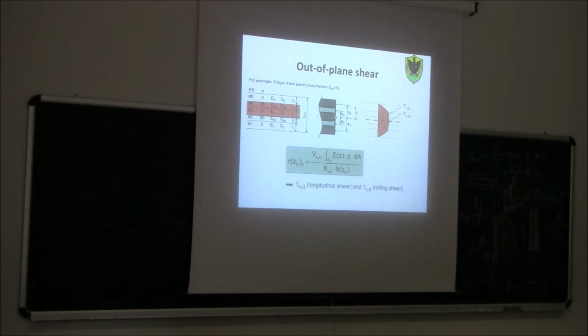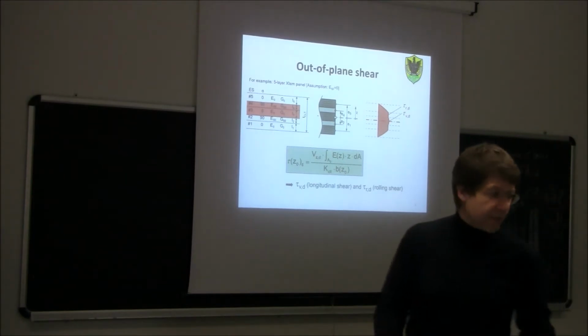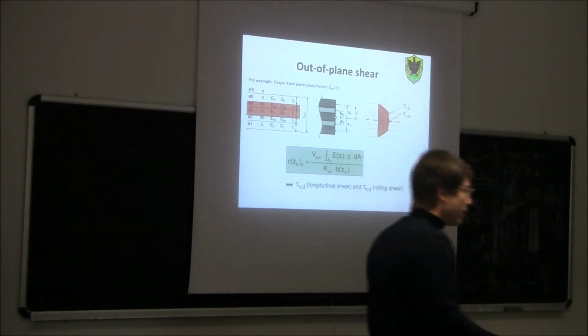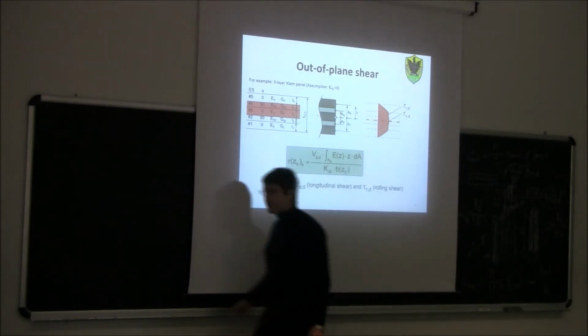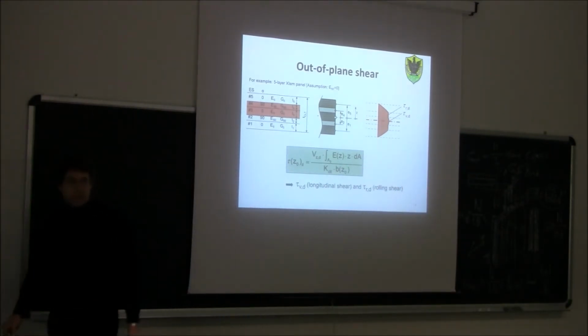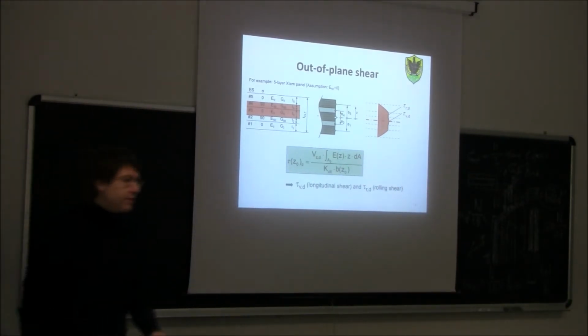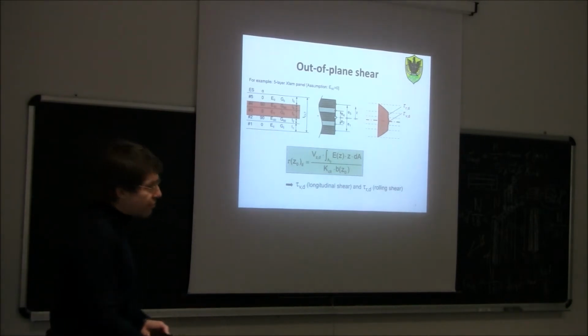Again, like for bending moment, we use the Jourawski formula, the one that you learn in mechanics of structures, by considering only the effective cross-section. So again, we need to consider which layers of boards will resist the bending induced by the shear.